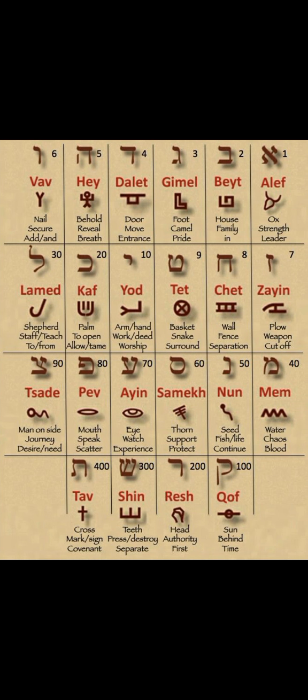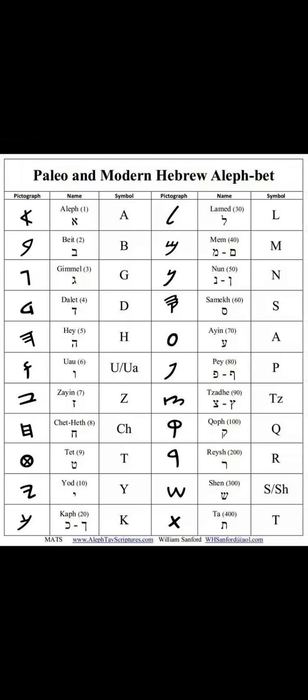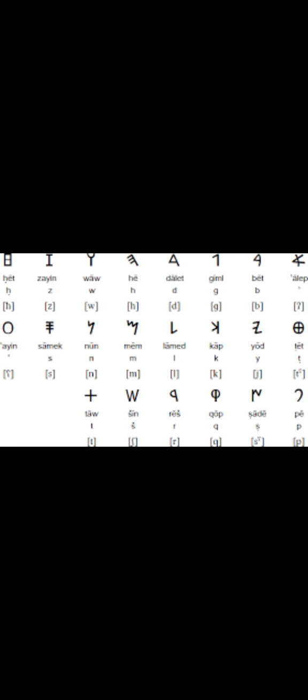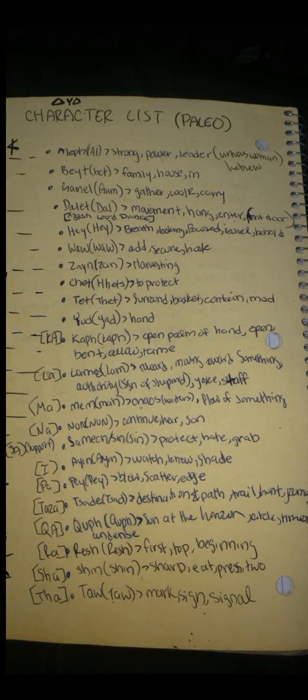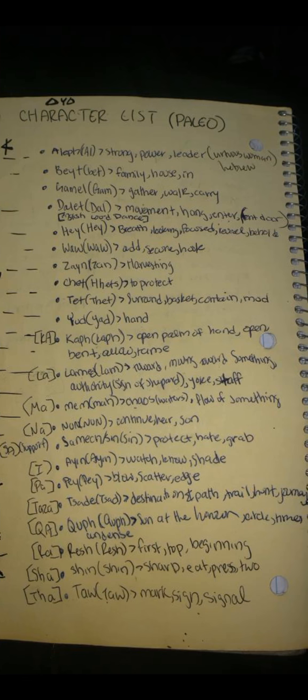So this can represent a back and forth movement. It can represent an entrance, as in entering the tent. But as we go here, as y'all can see, again, some of these look different. What else do we have? It says Dalet from Dal. It also can represent movement.